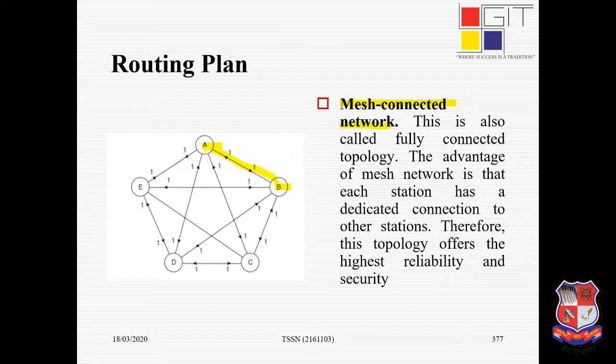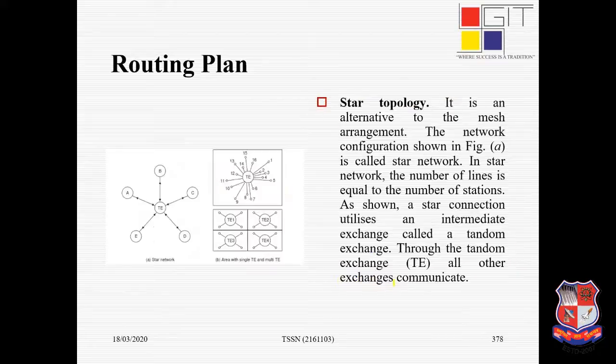Even if the route between A and B breaks down or has some latency introduced in it, the traffic between A and C is not affected because A and C are directly connected via a whole different path. It's a one-to-one communication from each node to each and every other node existing in the system. This topology offers the highest reliability and security at the cost of increased infrastructure.